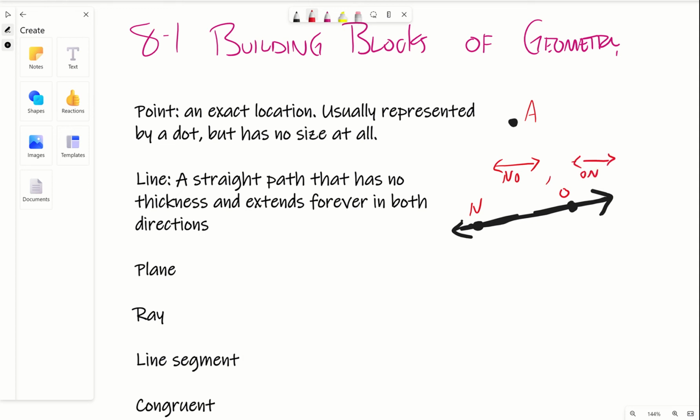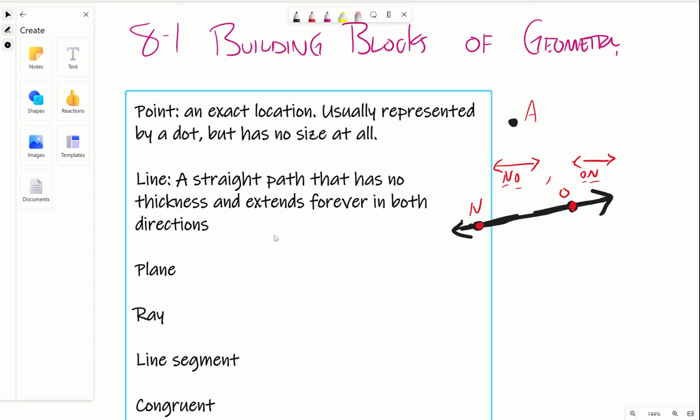So we name it by the points that make up this line. Since this line has the points N and O in it, this line is passing through those 2 points, we're going to call it line NO or line ON. We know it's a line because what we draw on top has the line with the arrows going in both directions. That's how we know it's a line.